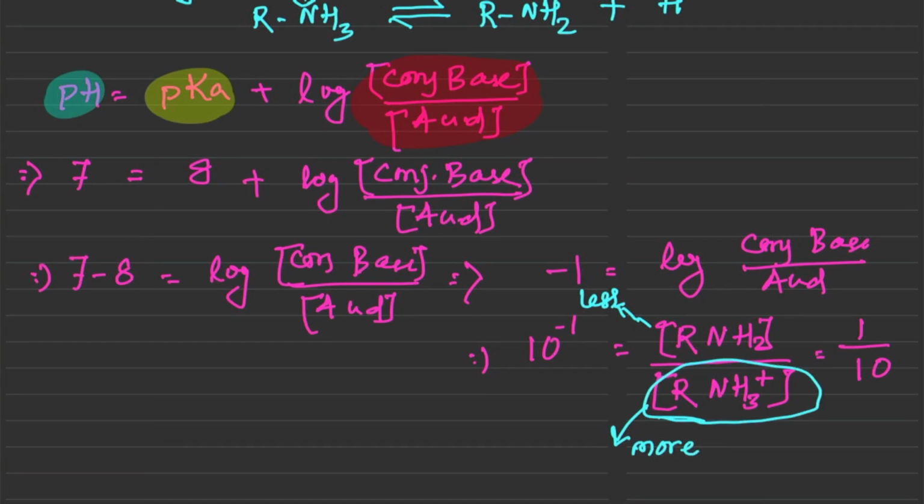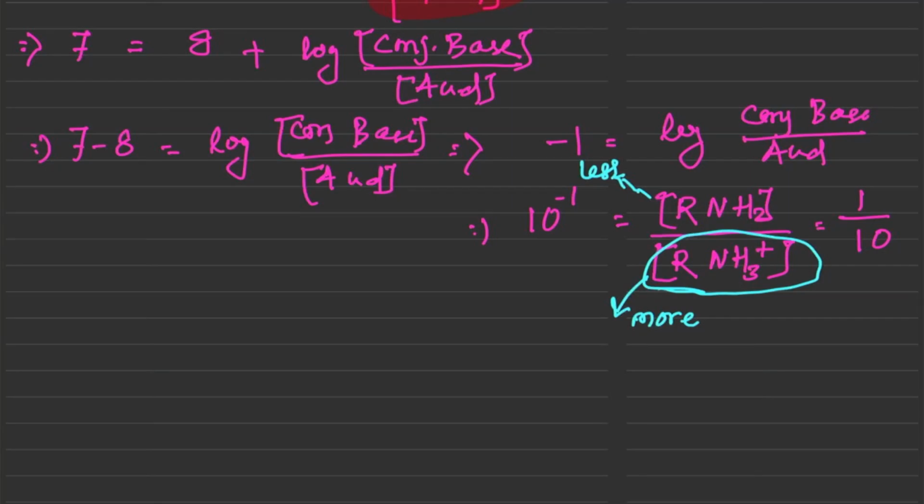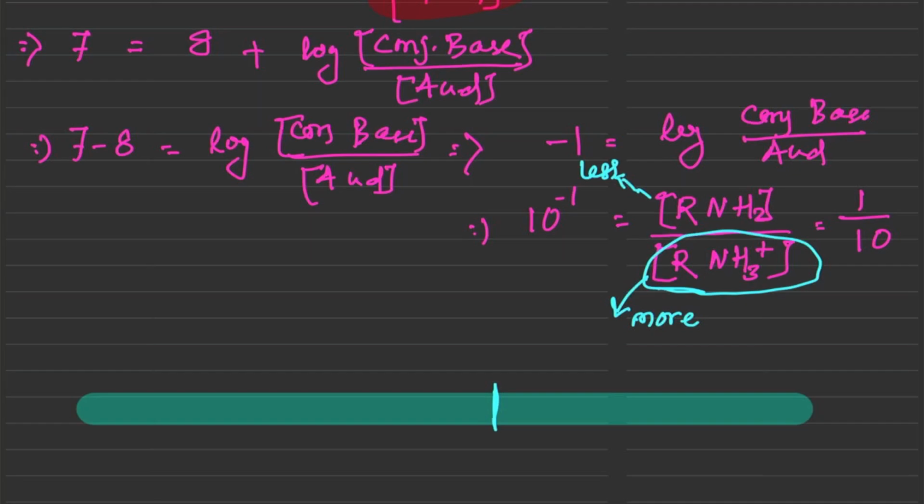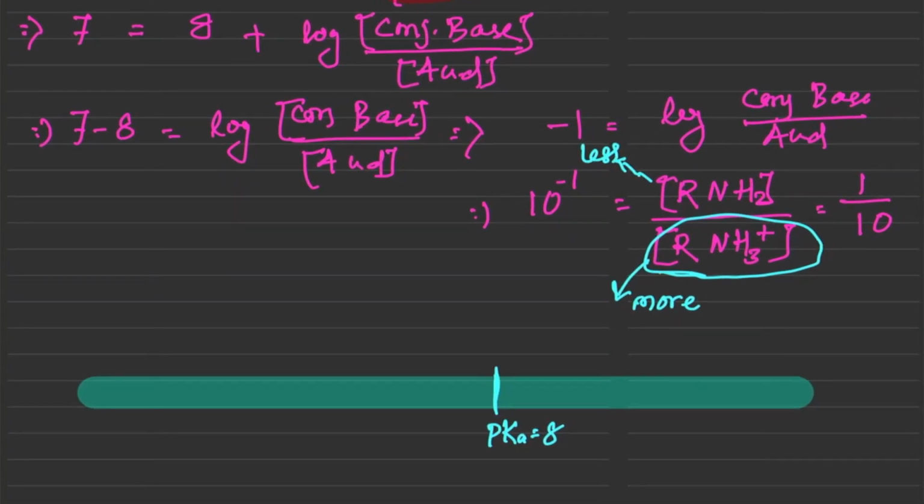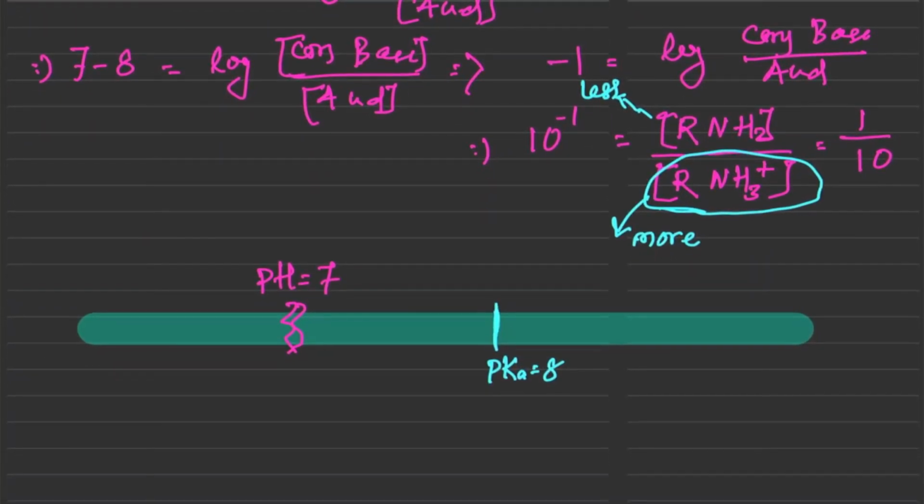Same thing, if we draw a pH line, and show the pKa, it is 8. Any pH lower than the pKa is, for this particular problem, the question's pH was 7, which is smaller, so you're going to get more of acid.